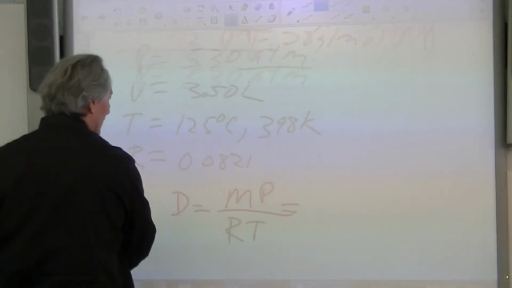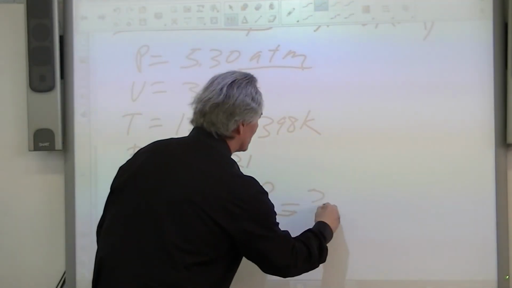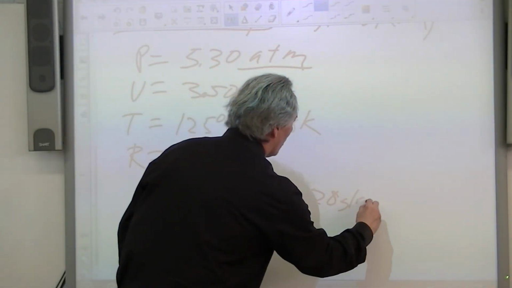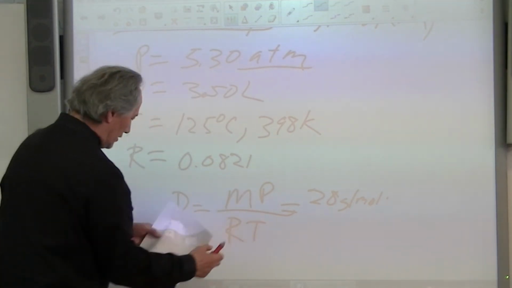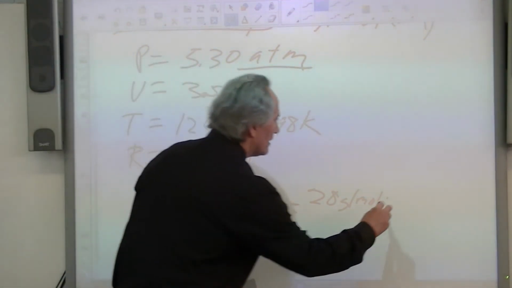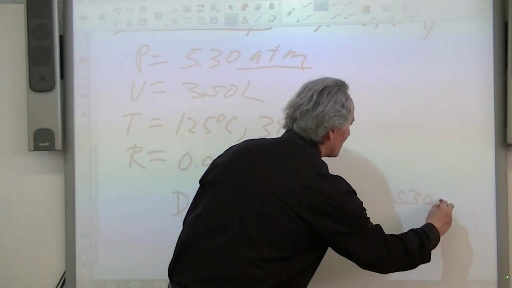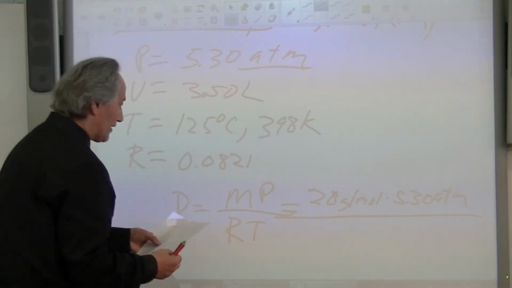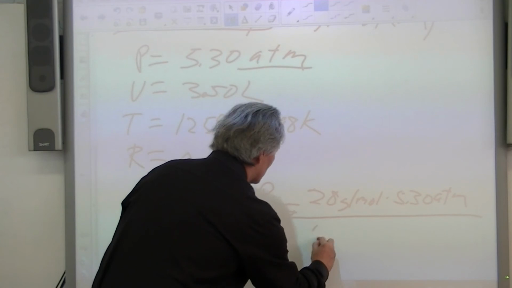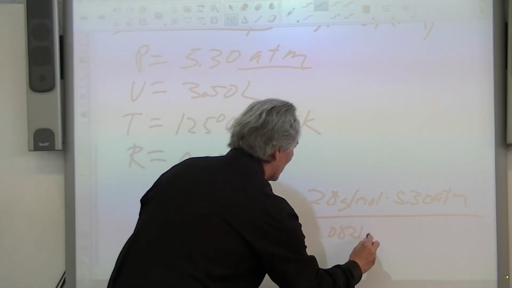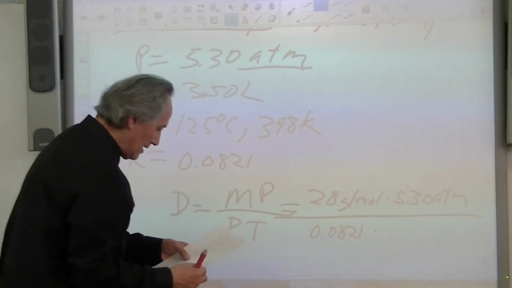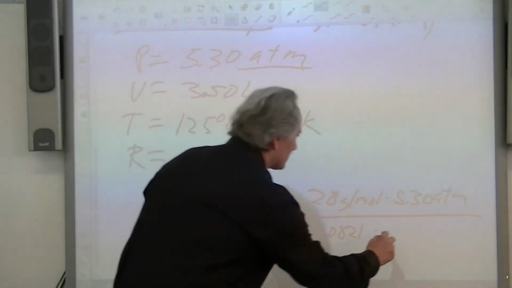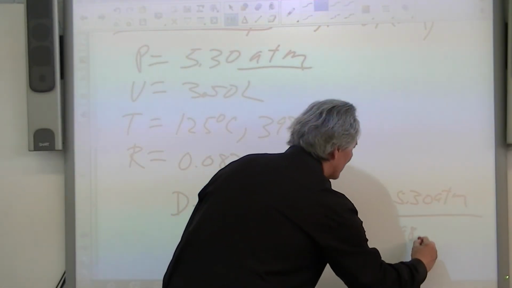So now we have the data that we need. Let's go back down here. This is 28 grams per mole, that's for my molar mass. The pressure was 5.30 ATM. Our gas constant in this case is 0.0821, in terms of ATM, and my temperature was converted to 398 Kelvin.